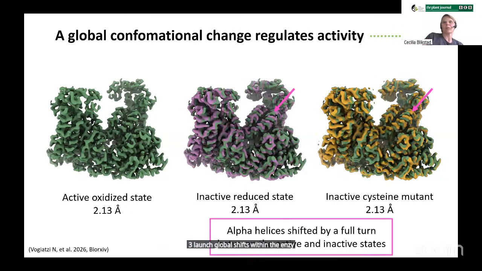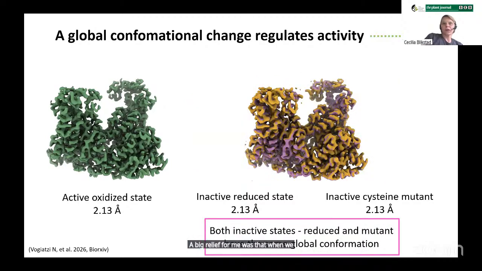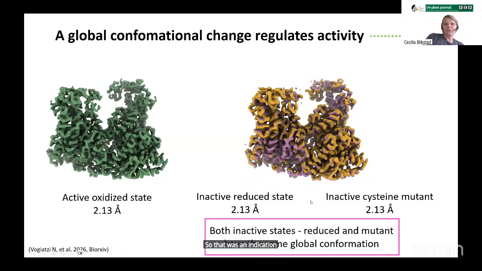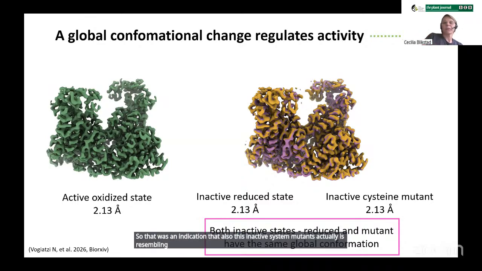And if we flip between them here, we see that it seems to be moving. And what a big relief for me was that when we overlaid the two inactive versions, so both the cysteine mutants and the reduced one, we see that they almost perfectly align globally. So that was an indication that the inactive cysteine mutants actually resemble the reduced state.